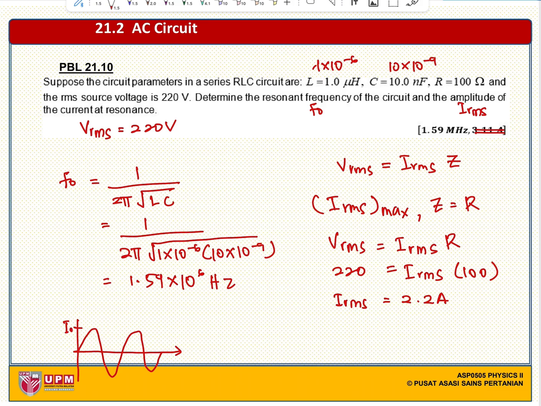So it wants I0 during the resonant. So your I0 must be equal to I RMS times square root 2. So actually the answer given is correct, I was the one who was wrong. Your I RMS is 2.2 times square root 2, and you will have 3.11 ampere.